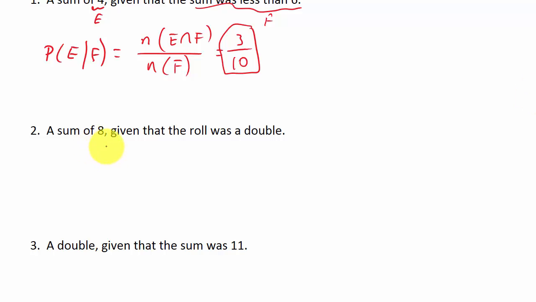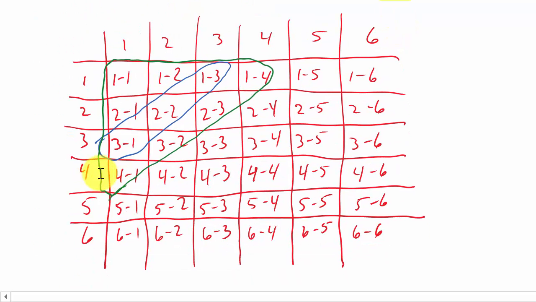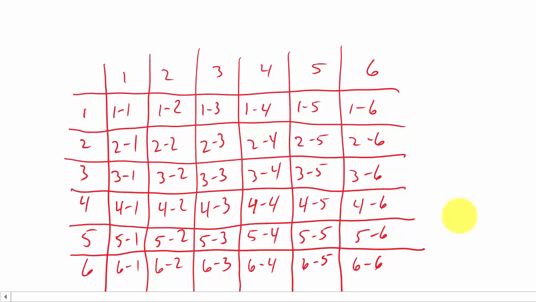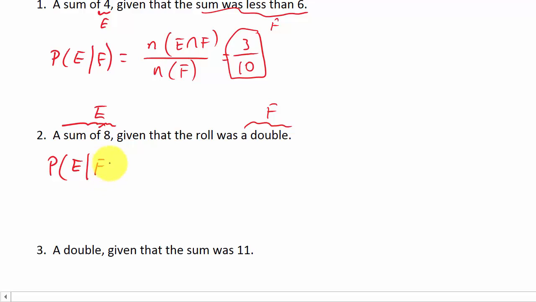A sum of 8 given that the roll was a double. Okay, so I'm going to let the sum of 8 be E, and the roll was a double, F. A double means like a 1, 1, 2, 2, 3, 3, and so on. Okay, so let me erase this. Okay, so the probability of E, a sum of 8, given a double.